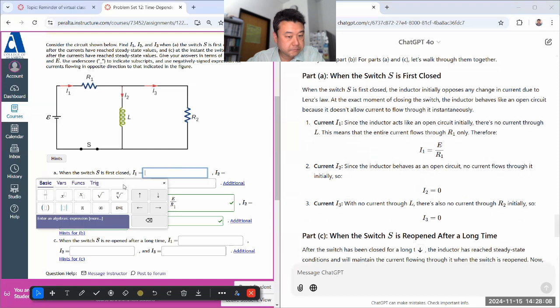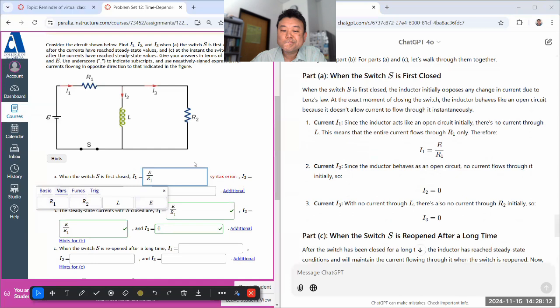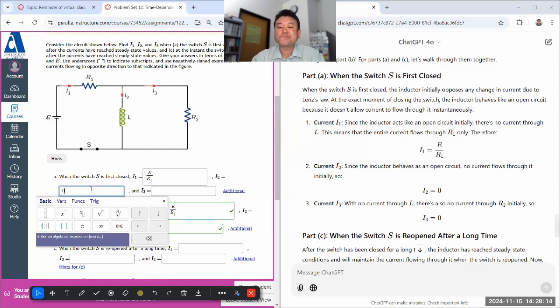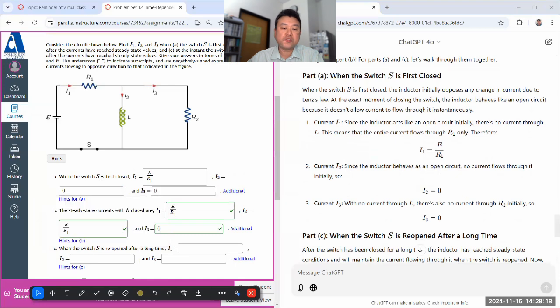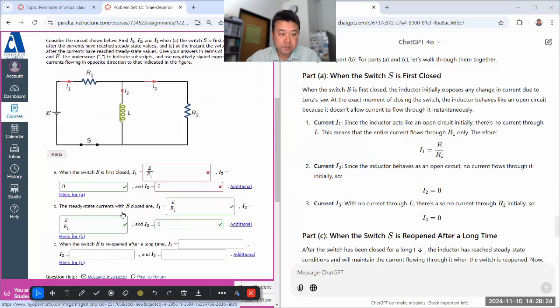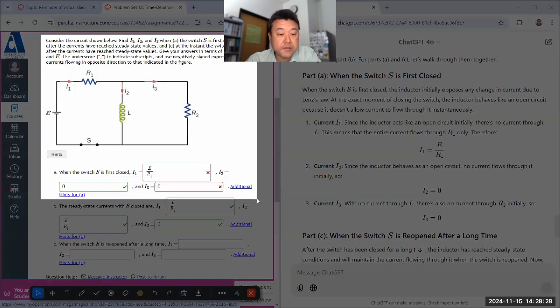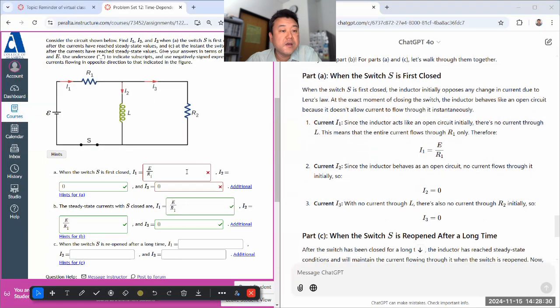So I got I2 right, but I1 and I3 are wrong. So let's see if ChatGPT can correct itself. Imagine you are interacting, you put in the answers after thinking you understood this, but it's all wrong.